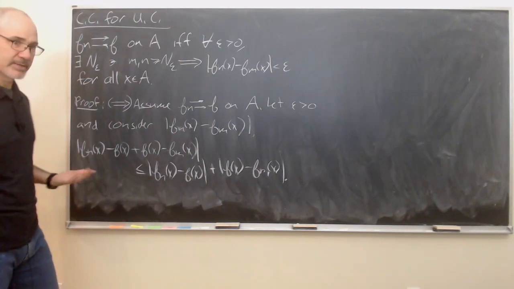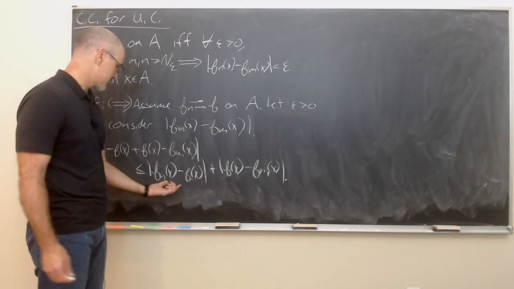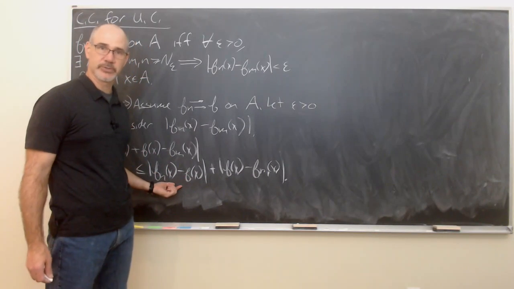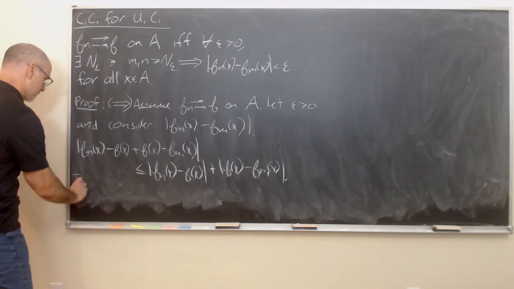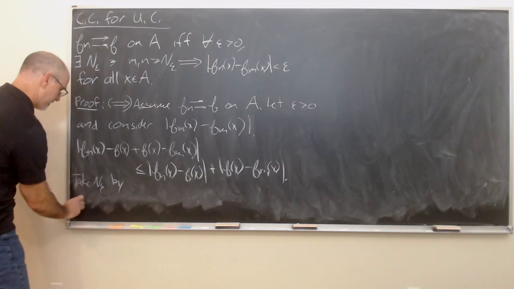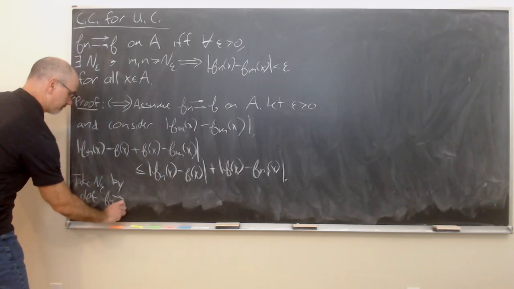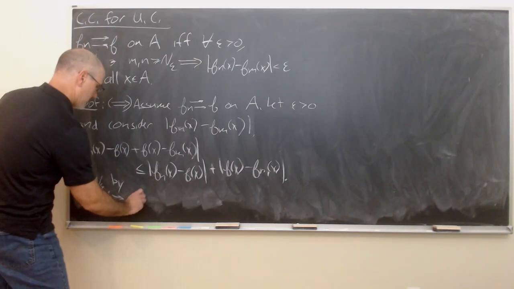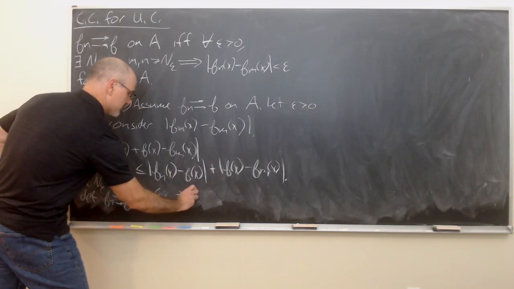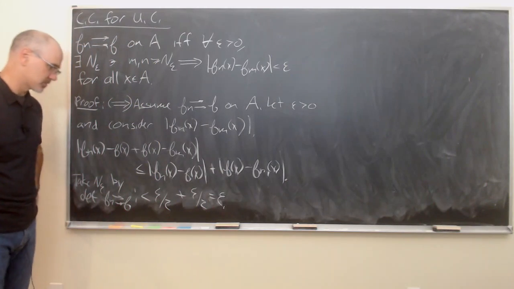And then we use the fact that f_n is converging uniformly to f, so there's some capital N such that if we go out far enough in the function sequence, we can make each of these pieces less than epsilon over 2. So take N sub epsilon by definition of uniformly convergent, so that this is less than epsilon over 2 plus epsilon over 2, which equals epsilon, and that establishes the Cauchy criterion.